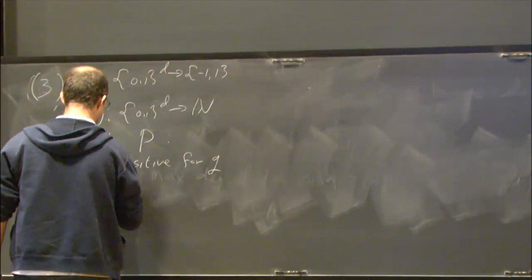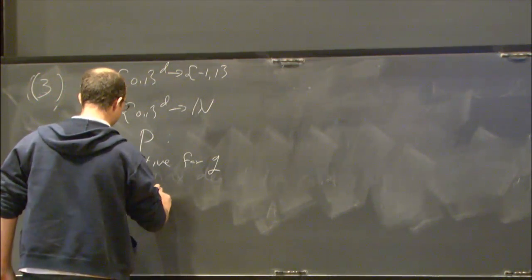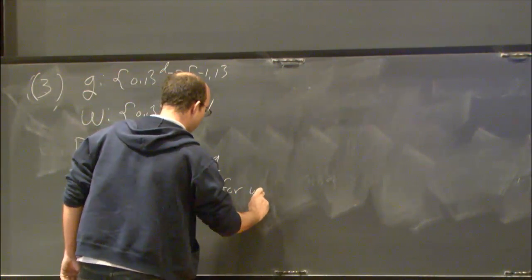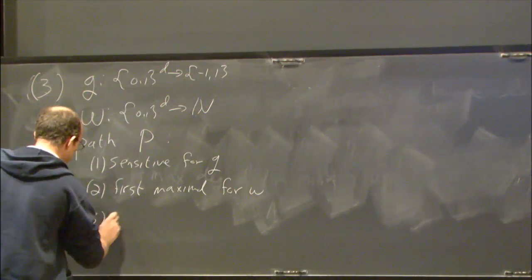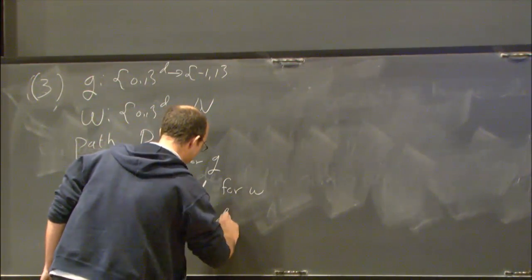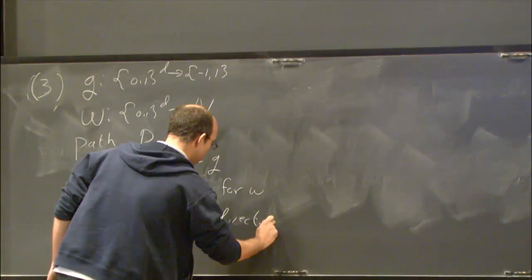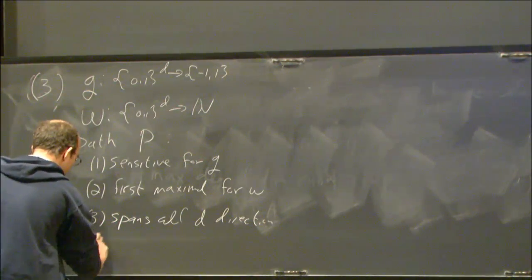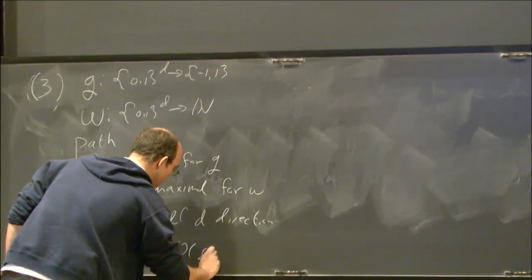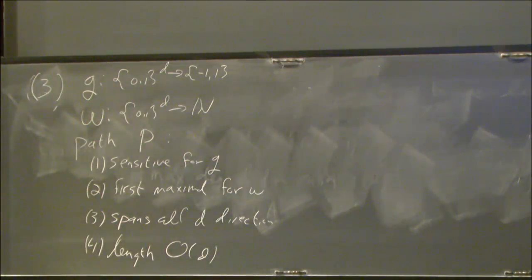It is first maximal for w. It spans all d directions. And it's short, so its length should be of order d. Okay, so that's what we're trying to construct here.